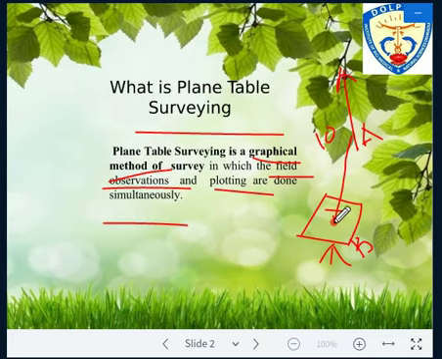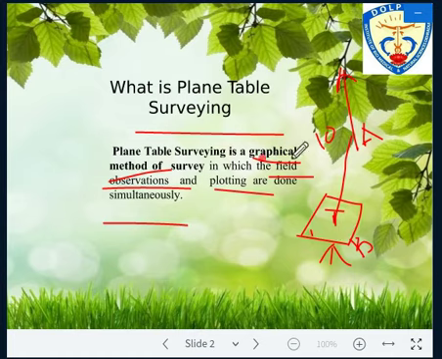And here from the center we are also drawing one line. So it is graphical because we are just making one line, right? We are not writing anything here, we are just making one line, and here we are writing the length of the line is 1 centimeter or 2 centimeter. Then a scale has to be written over there that 1 centimeter represents 5 meters. So we are drawing a 2 centimeter line here.